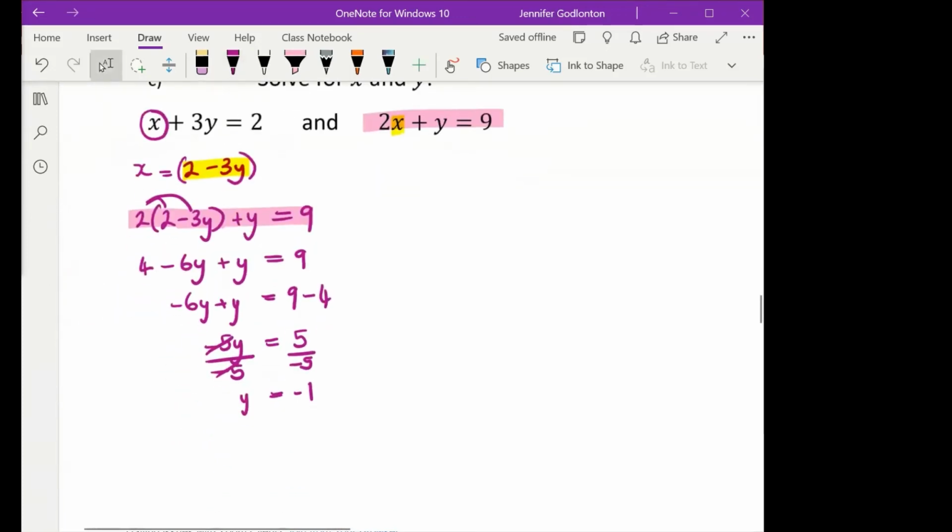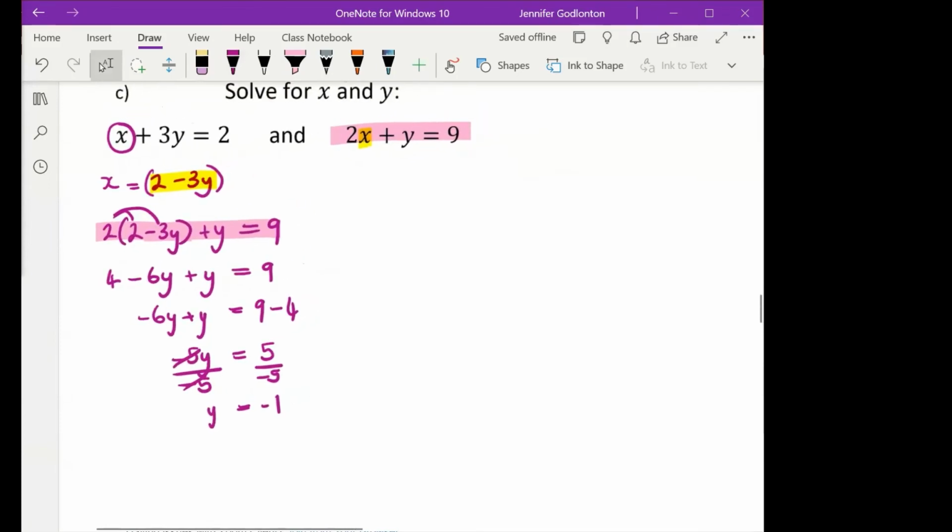Then we just substitute it into our x equation to find x. So x is equal to 2 minus 3 times -1, so x is equal to 2 plus 3, which means x is equal to 5.